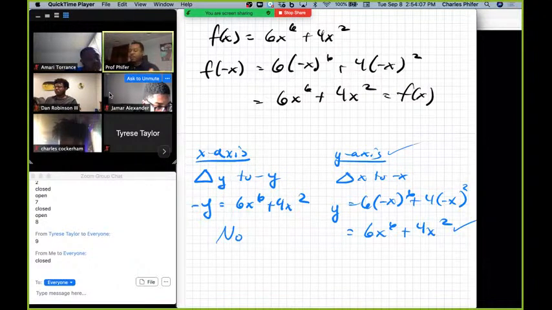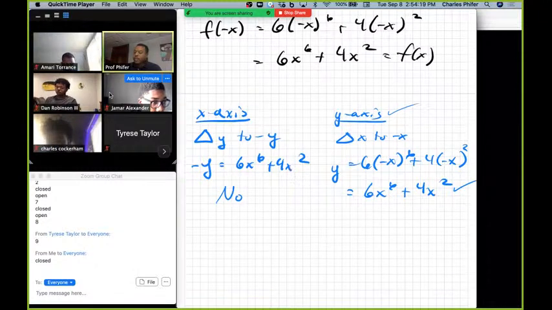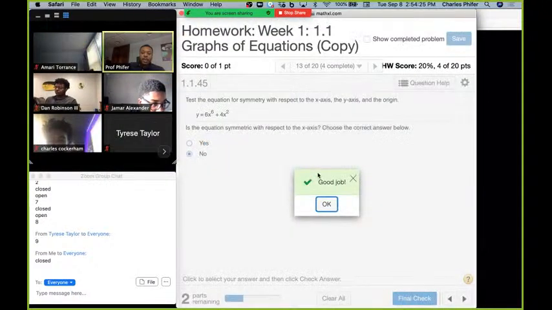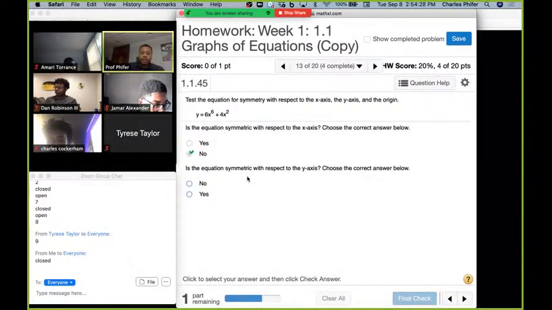So if origin symmetry were to say yes, we should be guaranteed x-axis, but we already know the x-axis is a no. So with that, we can say that the origin symmetry would be a no. Even if we do the test, it'll be a similar argument for the ones that you see on the screen right now. So now I'm going to hop back here and submit the final results.